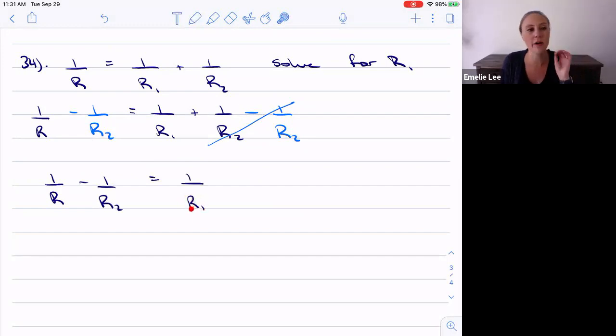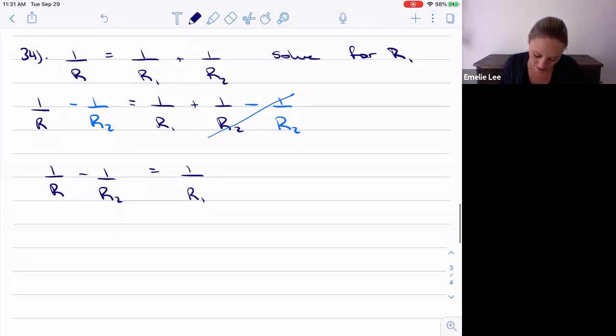I want to solve for R1 though, so I need to tweak this a little bit. So what I can do is multiply both sides by R1, which would bring this R1 over here, just keeping in mind that I'm multiplying both of these terms by R1 now, so I'm going to have to use brackets, otherwise it won't work.